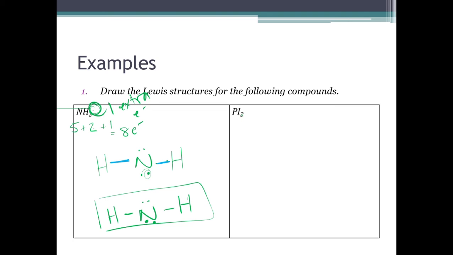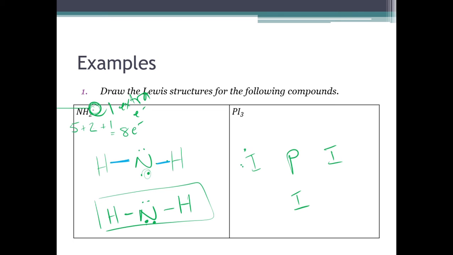So between these two, phosphorus is going to go in the center. It's our only one of that element. So we'll put phosphorus in the middle, and we'll put our 3 iodines around the outside. Then we'll draw our Lewis structures. Iodine has 7 valence electrons.